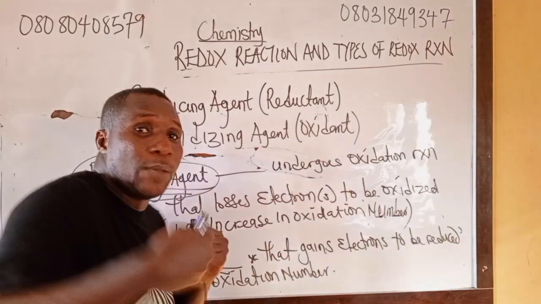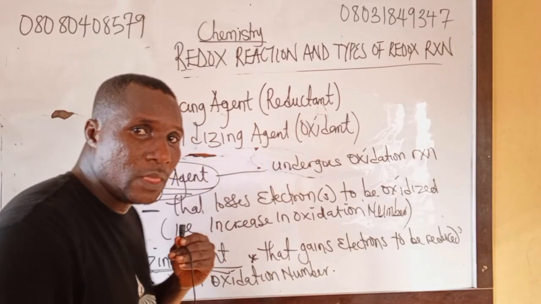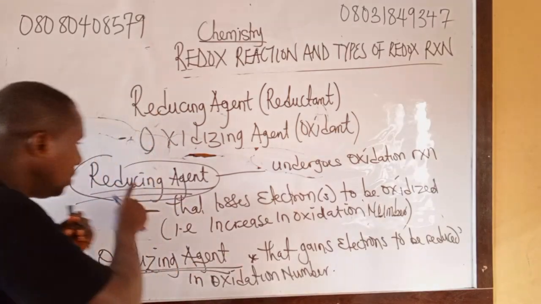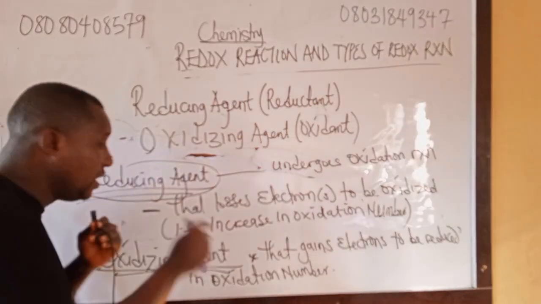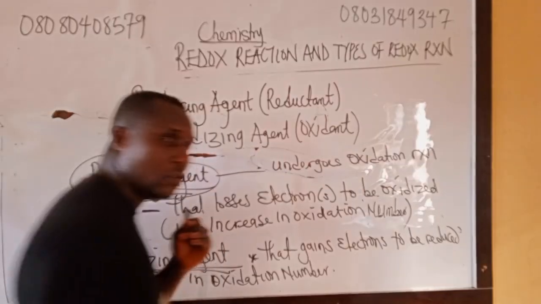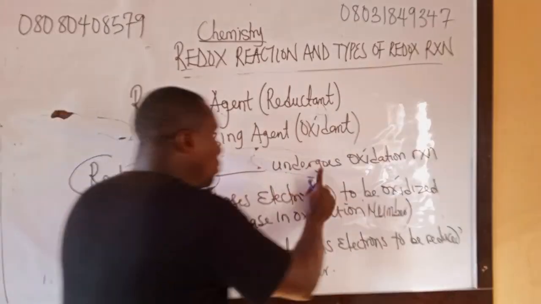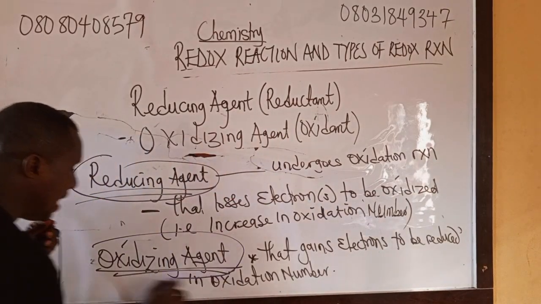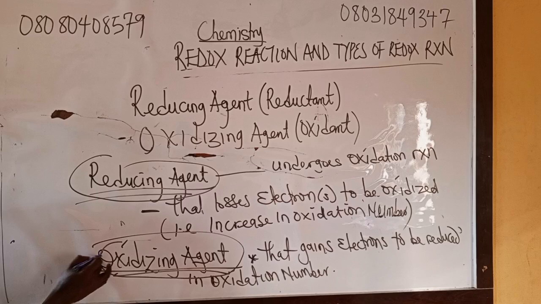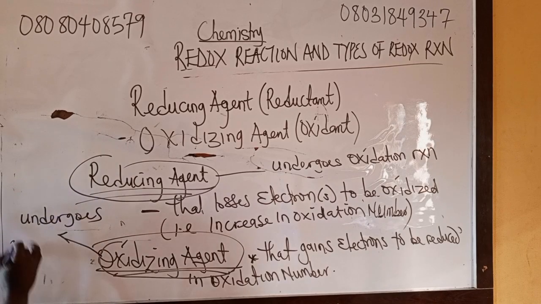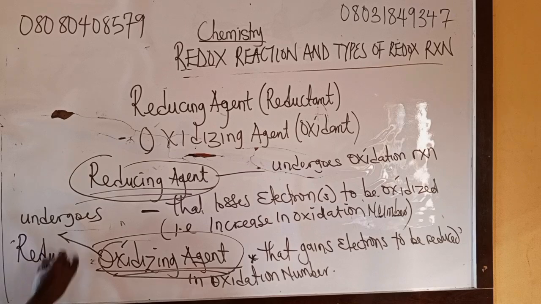Then oxidation is a process, it's a reaction. For this reaction, which agent undergoes that reaction? Reducing agent, let it stick to your brain. Reducing agent undergoes oxidation reaction, while oxidizing agent undergoes reduction reaction.